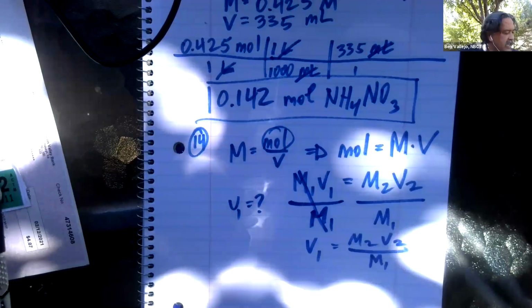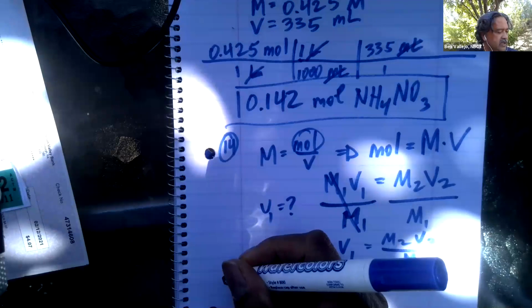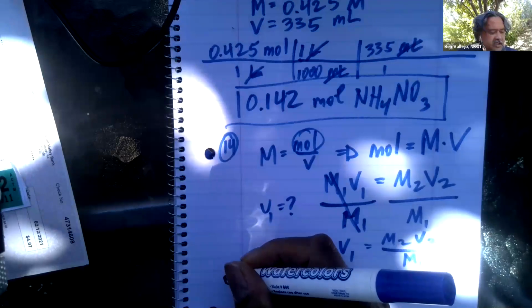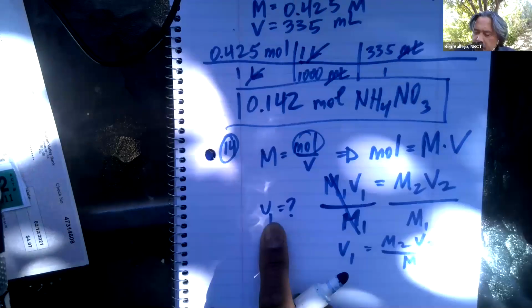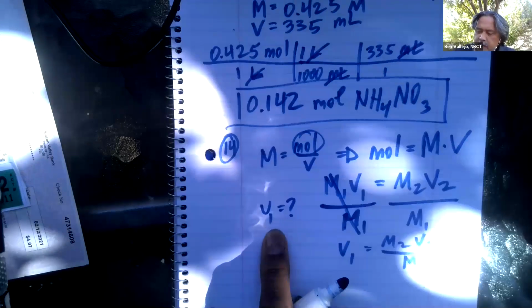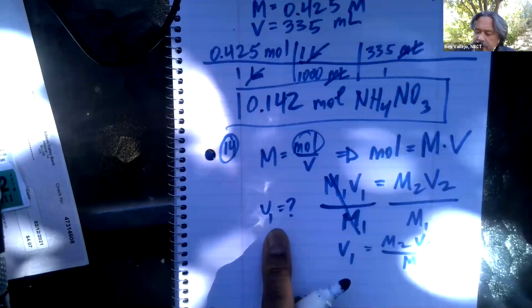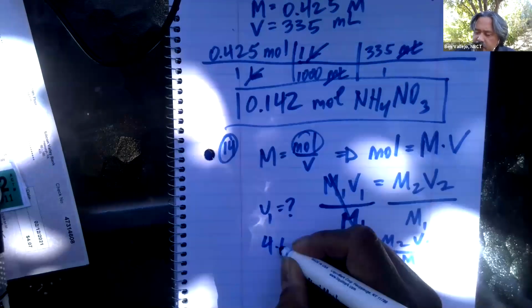Well, I haven't even defined anything yet, but let's look at the equation over here. How many milliliters of solution, milliliters is a volume, of 4.00 M, and that is a molarity, the first molarity, so that's M1.